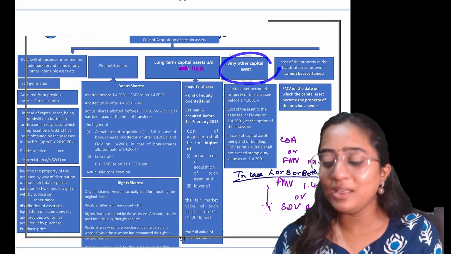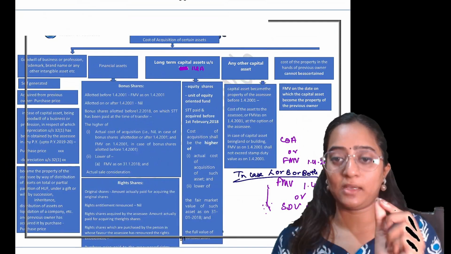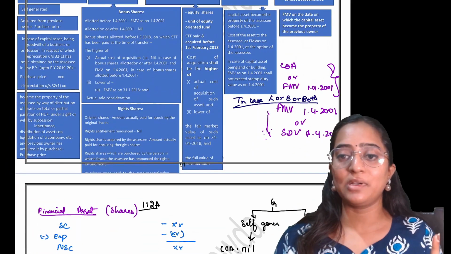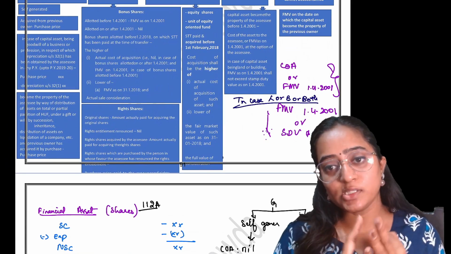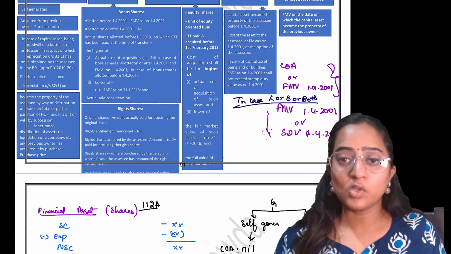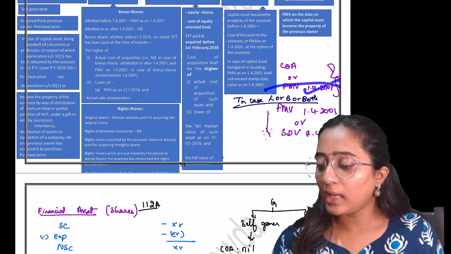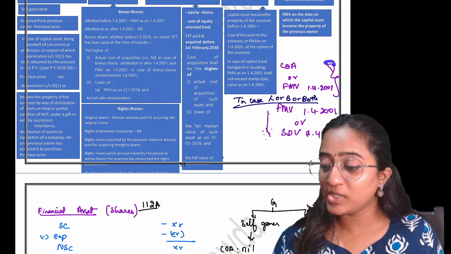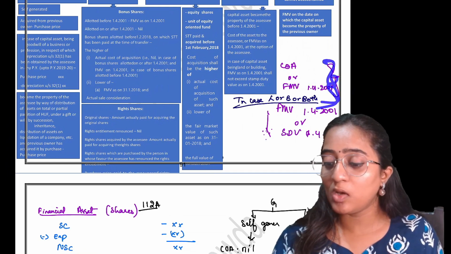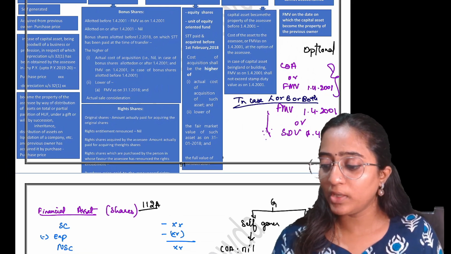Now, in case of any other capital asset, remember, the cost of acquisition for any capital asset other than goodwill, right shares, bonus shares, and whatever we have seen under 112A, is going to be your actual cost of acquisition or the fair market value as on 1/4/2001, whichever you opt for. People, this is optional.